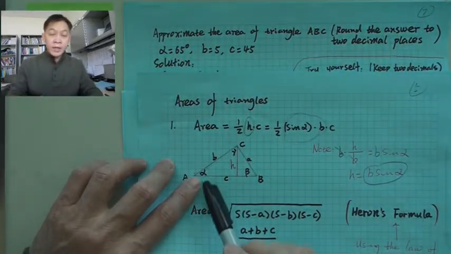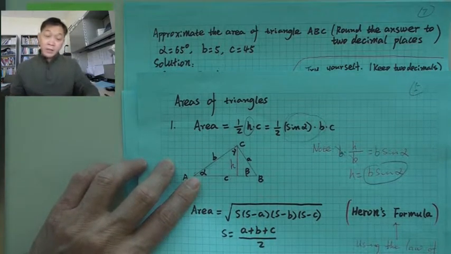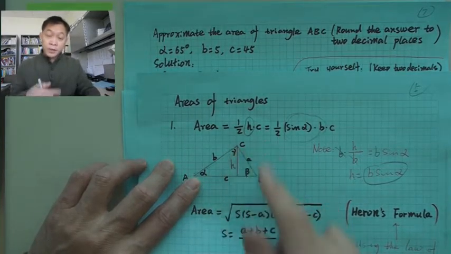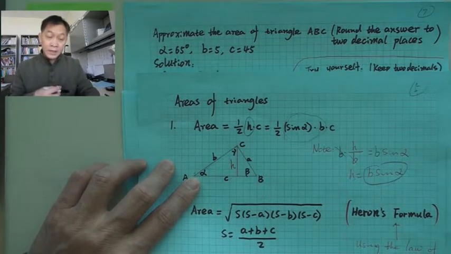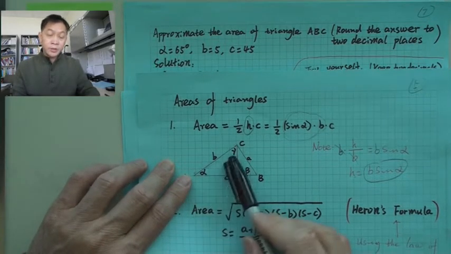Alpha is the angle in between those two sides. That's necessary. Alpha cannot be here or here. If it's here or here, you cannot use the law of cosine. It has to be an angle in between these two sides.